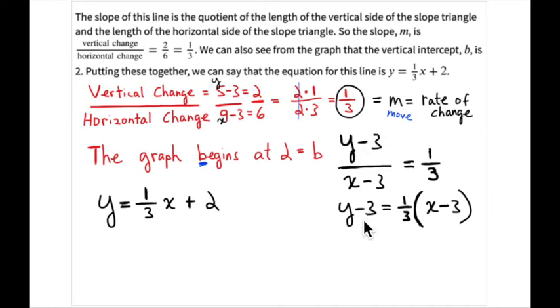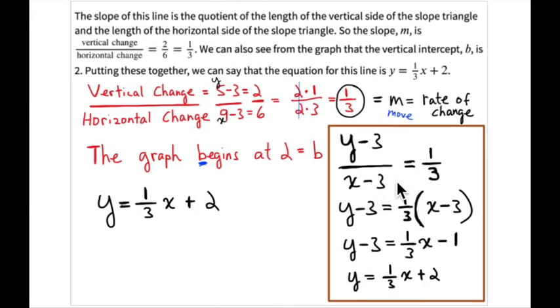So y minus 3 is 1/3 of x minus 3. And you can work this out. If you have 1/3 of x minus 3, that means you have 1/3 of x minus 1/3 of 3. Well, 1/3 of 3 is 1. So 1/3 of x minus 1. So you have y minus 3 equals 1/3 x minus 1.